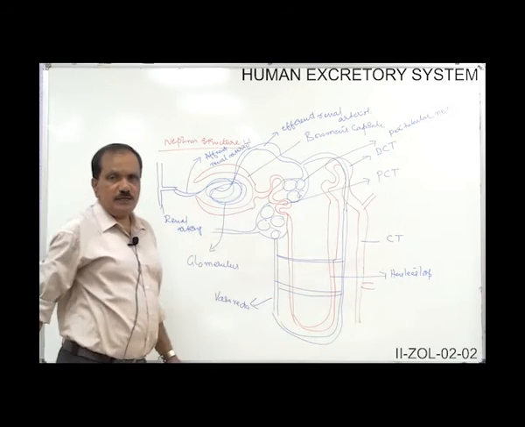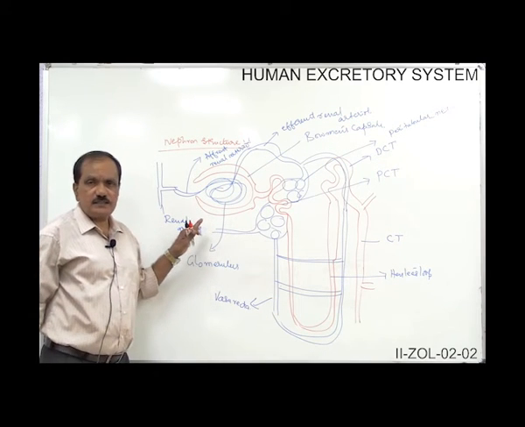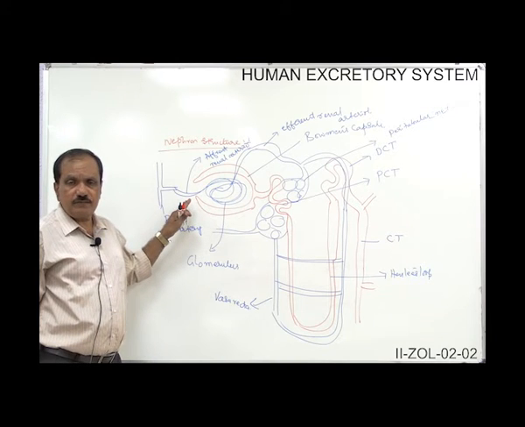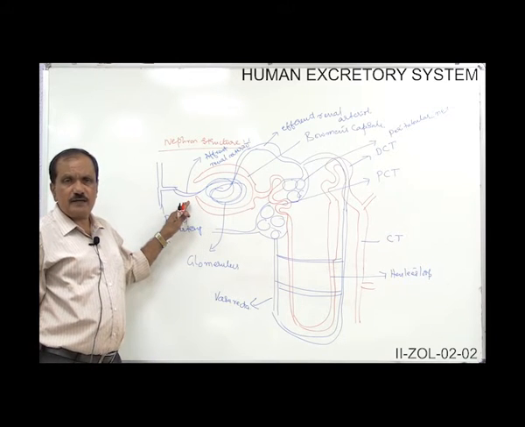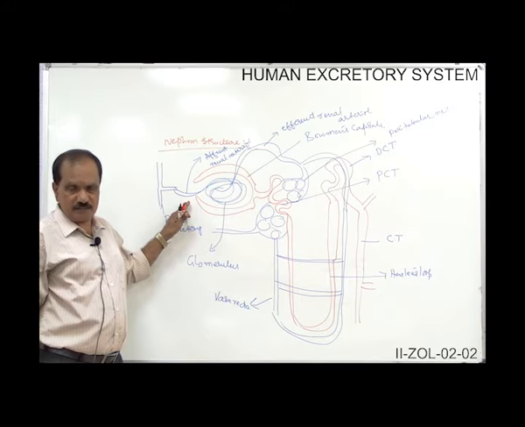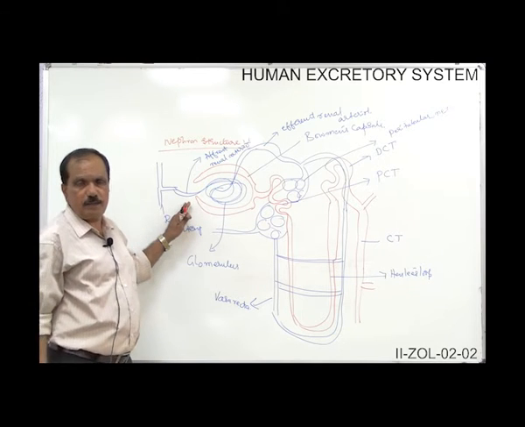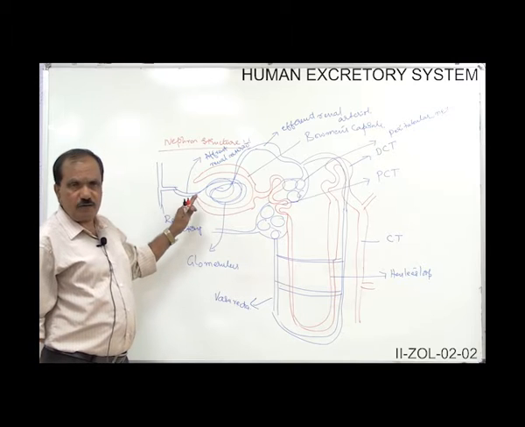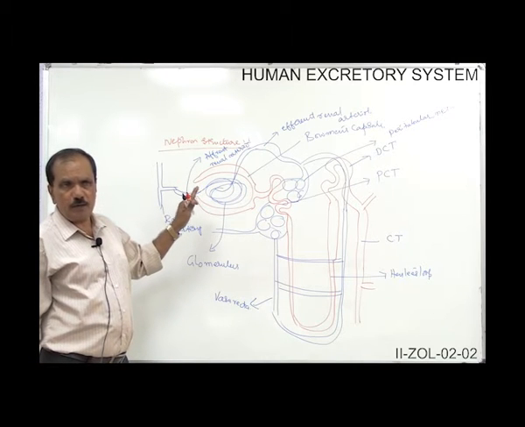Dear students, once again please see here, this is the structure of the nephron. In each kidney of a human being, 10 lakh nephrons will be present, that is 1 million nephrons, and the nephron is made up of two important parts.